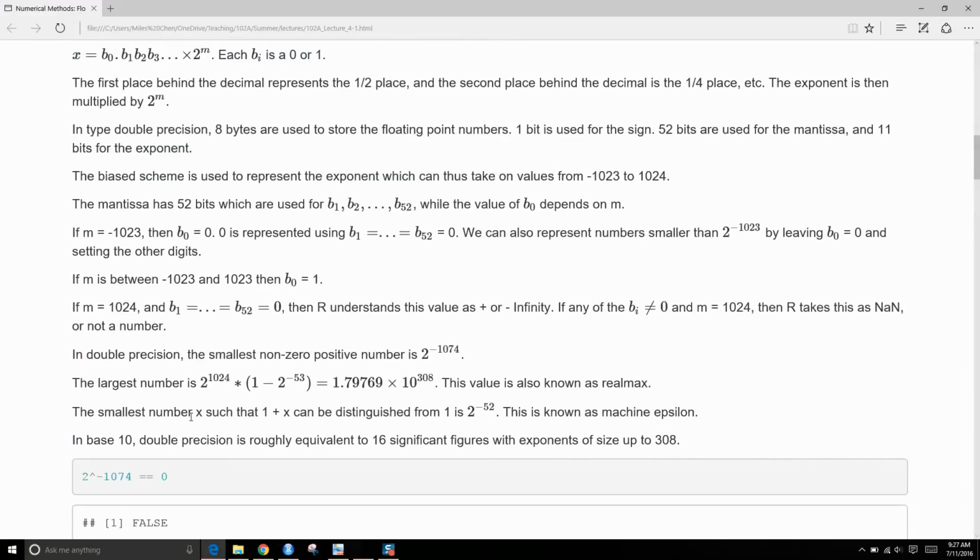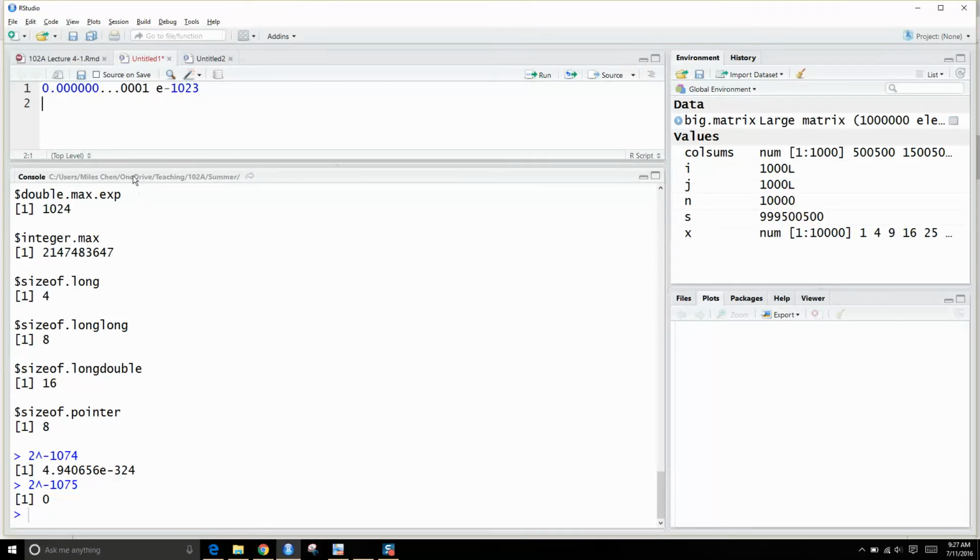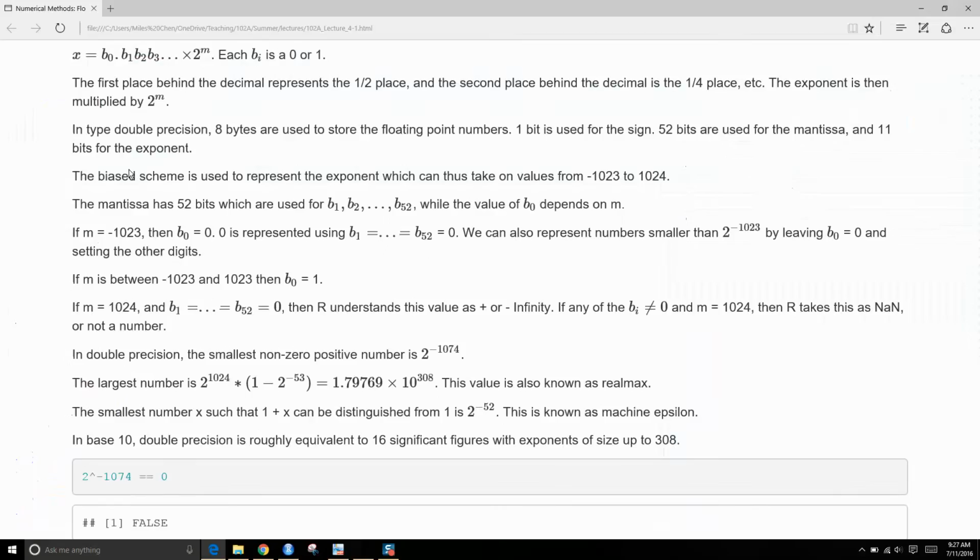Okay, and then the largest number is basically, I'm going to have everything filled out to 1s. Okay, and E would be 1024, right? Okay, and then so this is our real max.